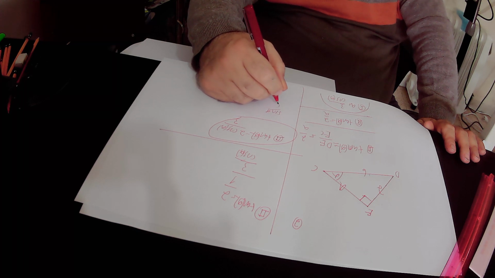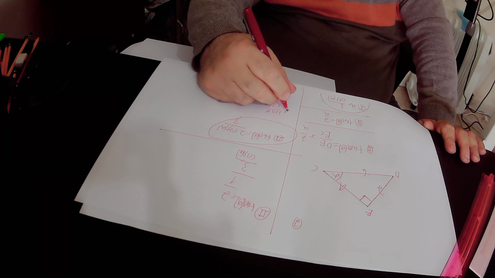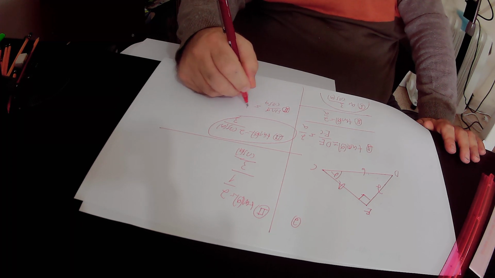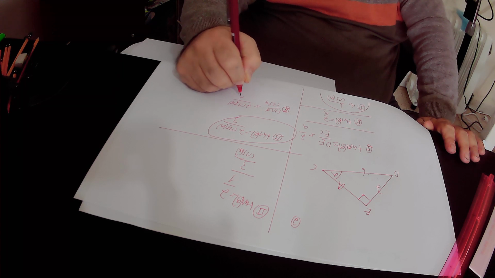Sine alpha over cosine alpha is equal to 2 times cosine alpha over 3.